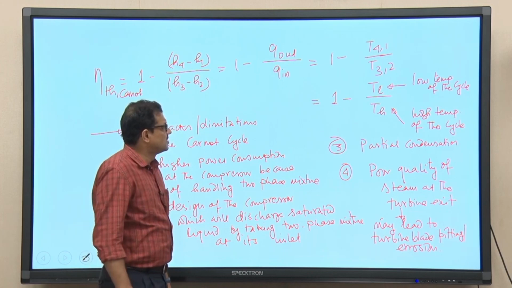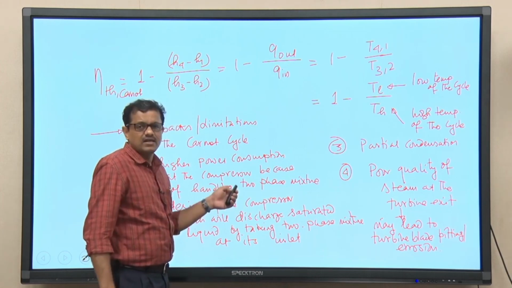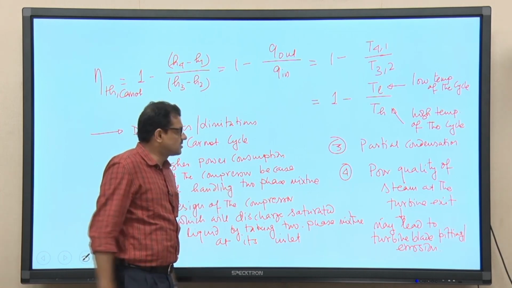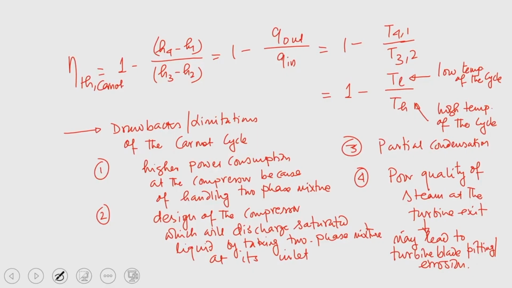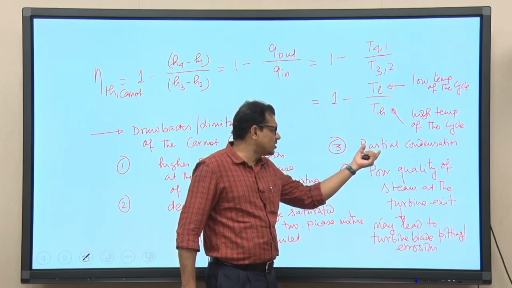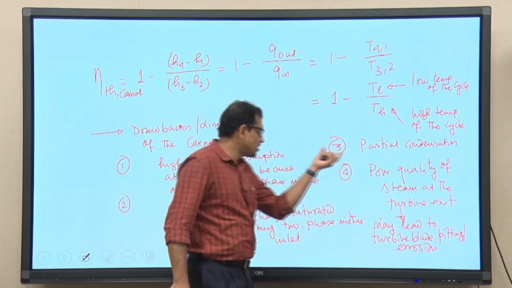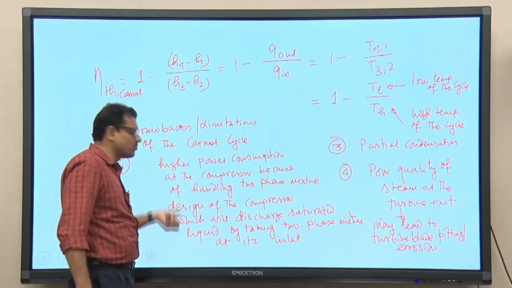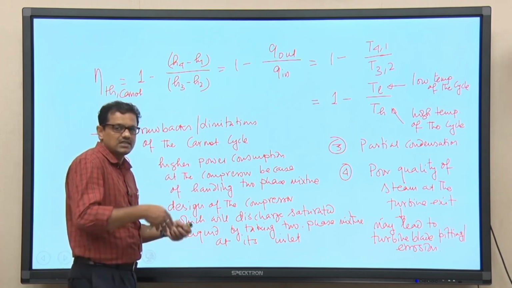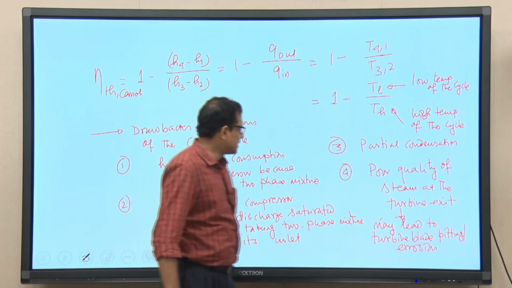So basically we can remove all these problems. The remaining problem is 4. If we remove the problem associated with partial condensation, we also remove the problems listed at points 1 and 2. So, these are interrelated.